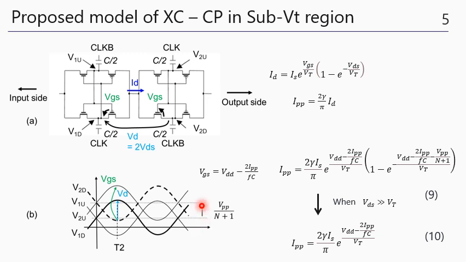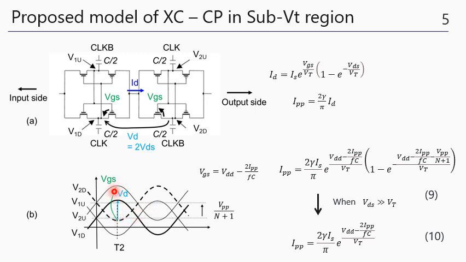And the DC component is the same as before. VD is the difference between the two next neighbor capacitor nodes, which is 2 VDS, because we have two transistors connected in series between the two capacitors.